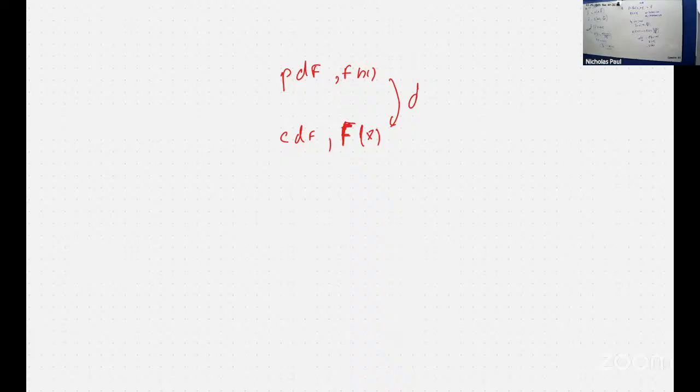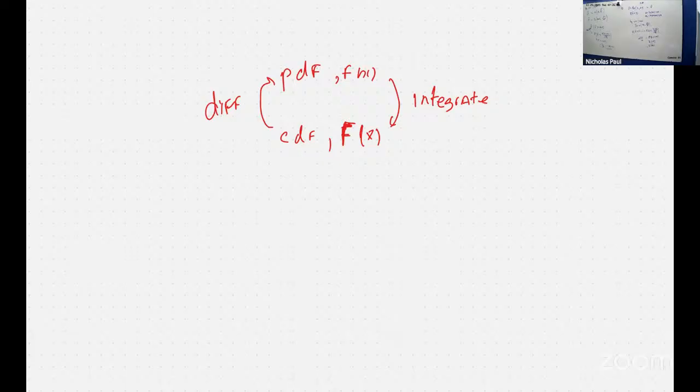To go back from the CDF to the PDF, we differentiate. So if they give you a CDF and ask you to find the PDF, you have to be able to differentiate. That's a little bad thing, because you have to know how to integrate and differentiate for this one. This one you can't just plug into the calculator.